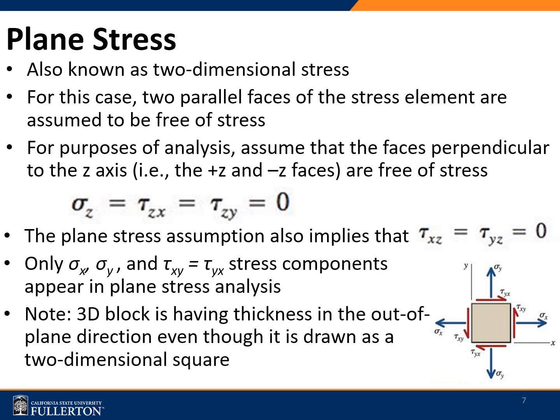To simplify the process, we ignore the three-dimensional stress. Rather, we stick to two-dimensional. We call it plane stress. So for the case of plane stress, we assume the z-directional stresses, which are the sigma sub z, tau zx, and tau zy, are equal to 0.